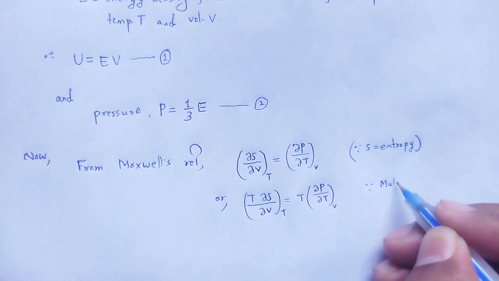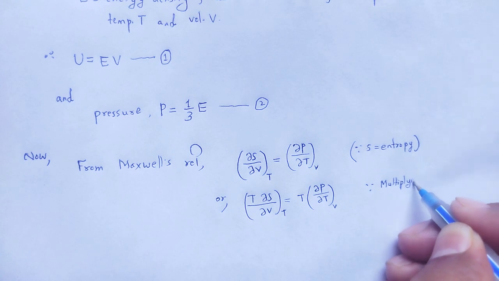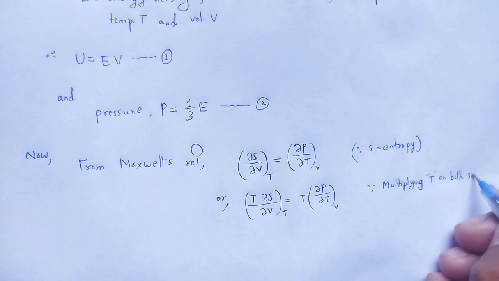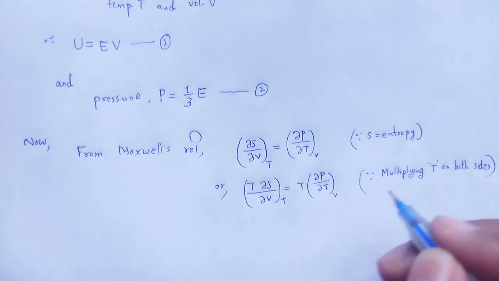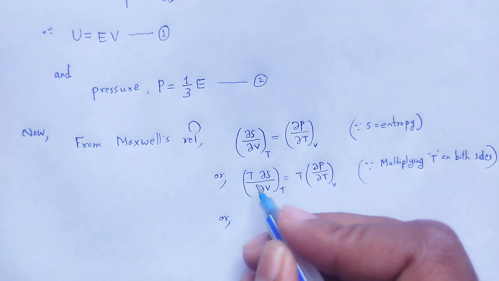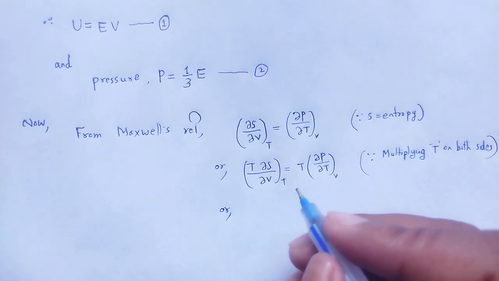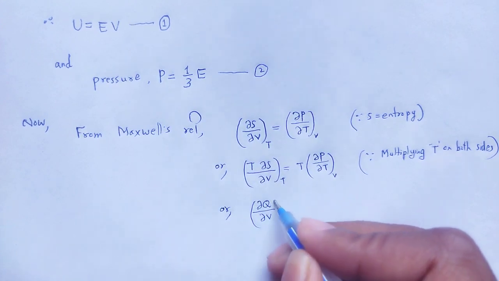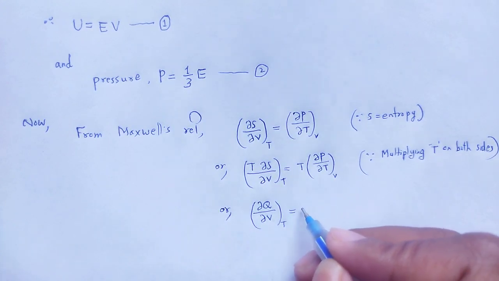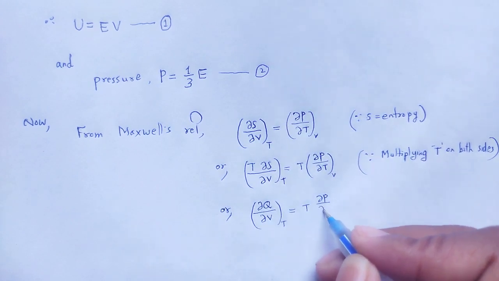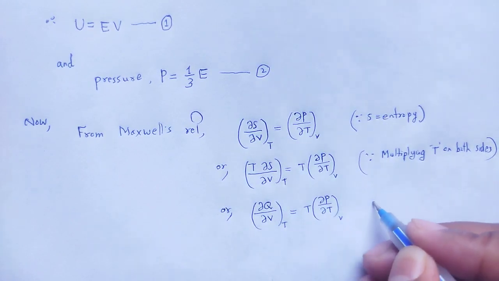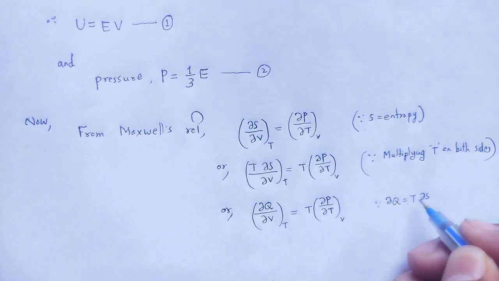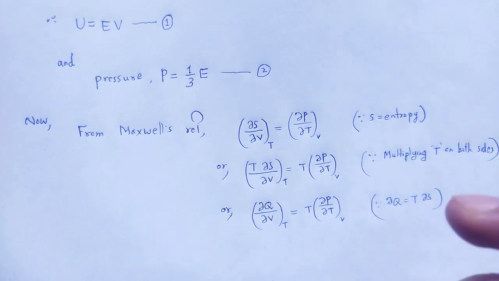Here, T ∂S is equal to ∂Q from the second law of thermodynamics. So, ∂Q/∂V at T is equal to T ∂P/∂T at V, whereas ∂Q is equal to T ∂S from the second law of thermodynamics.